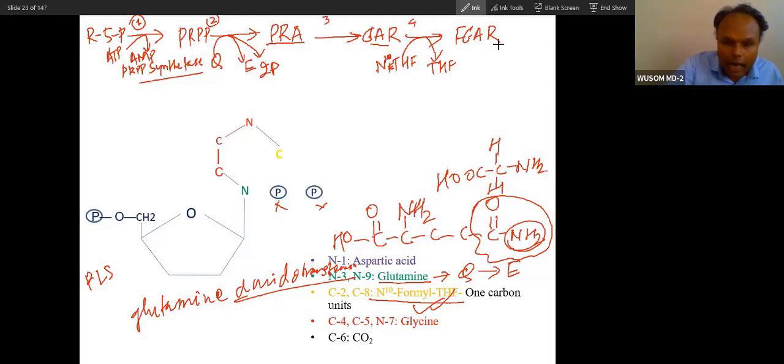Now what will happen next is an amine will be added here first. It will change into FGAM, formyl glycinamidine. This amino group comes from glutamine. I have given a color coding, if you can see, it comes from glutamine, the same way as in the earlier reaction.